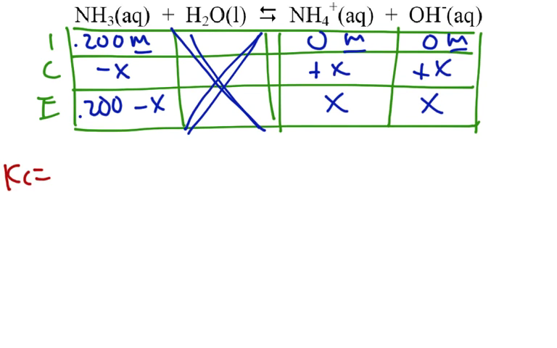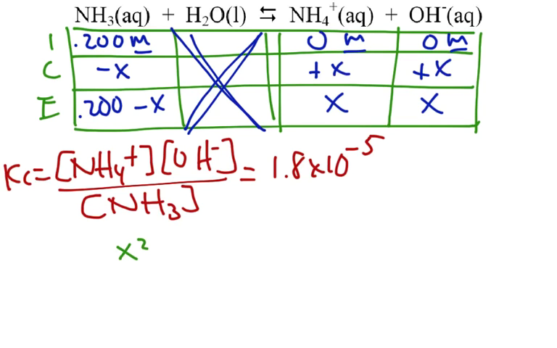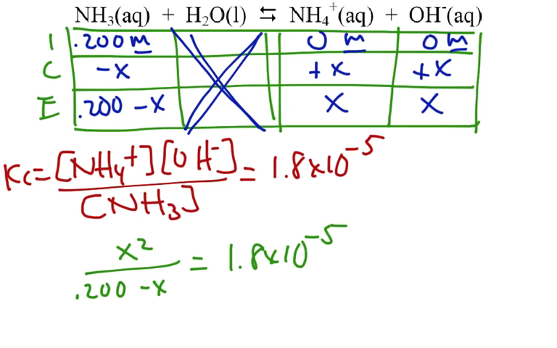So Kc equals the concentration of ammonium times the concentration of hydroxide over the concentration of ammonia, and that equals 1.8 times 10 to the negative 5. If I substitute in my values, I get x squared over 0.200 minus x equals 1.8 times 10 to the negative 5.